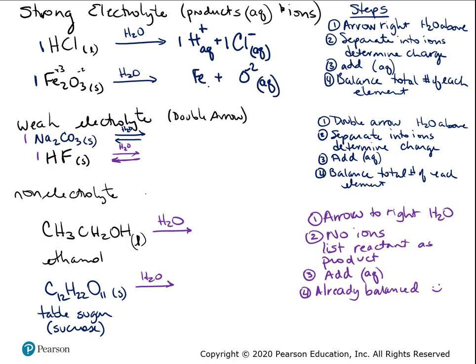And then the other one is Fe. Now in this one, remember figuring out the charge on the Fe, because the oxygen's a minus 2, the Fe has 2 of them. So the number of oxygens tells you the charge on the iron. So that's a plus 3.